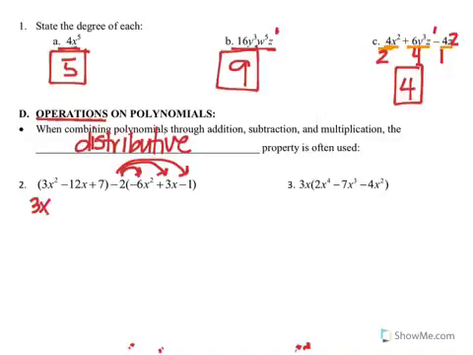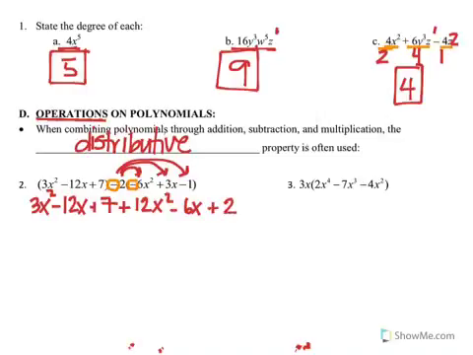So this would be 3x squared minus 12x plus 7. Over here, when I distribute, I'm going to get plus 12x squared. Be careful because you'll notice that I did a minus times a minus, and that's going to change the sign. That's how I ended up with positive 12x squared. Then I'm going to end up with minus 6x, and then again a positive 2.